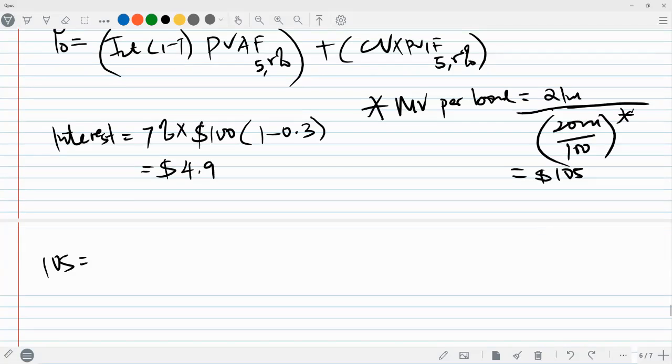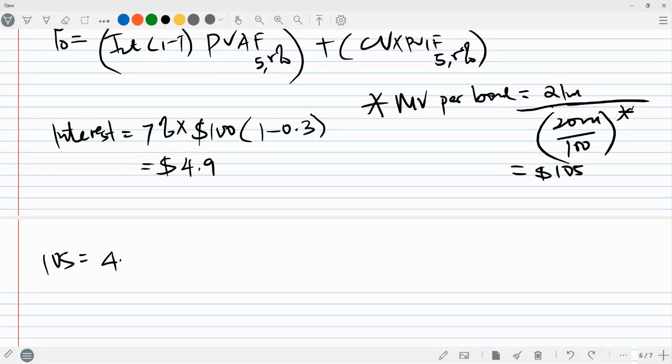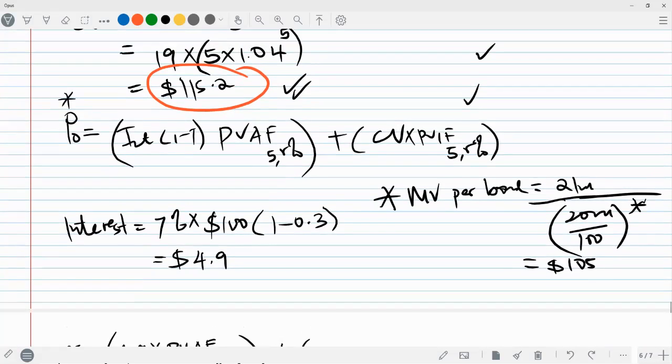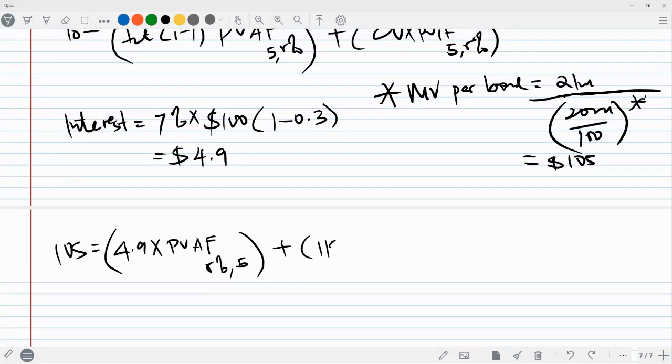Therefore, the market value 105 is equal to 4.9 discounted back to 0 at the company cost of debt, R%, for 5 years. In the final year, we have conversion, so the amount received is 115.2, times the present value interest factor at R%, the cost of debt, 5 years.